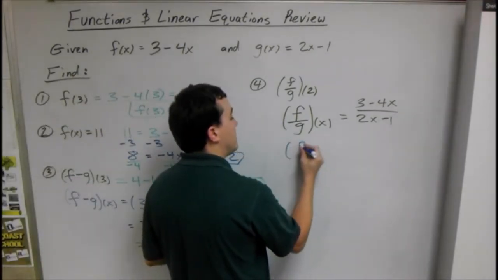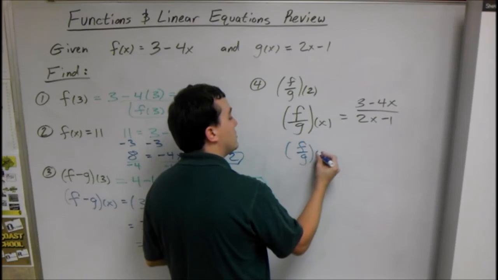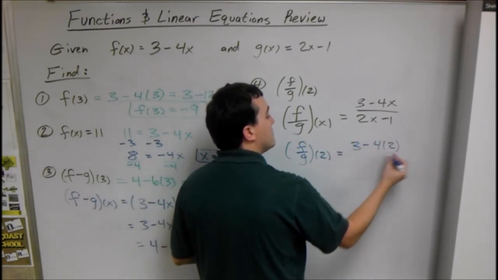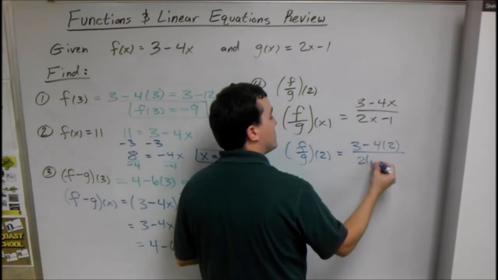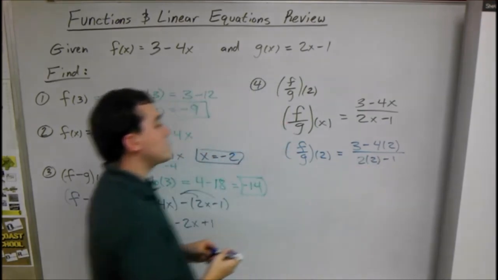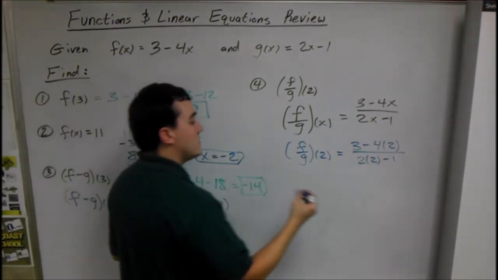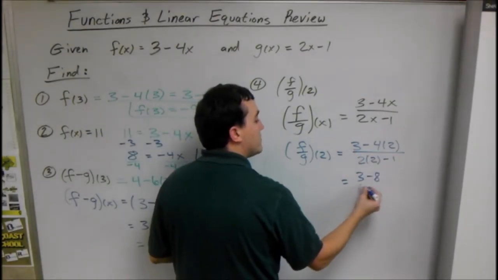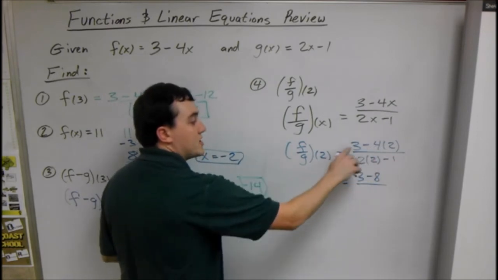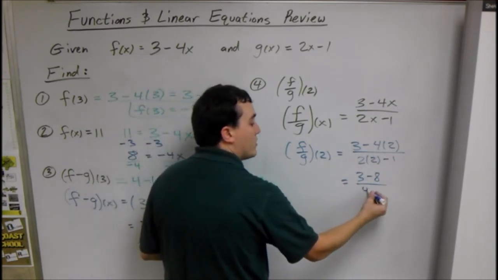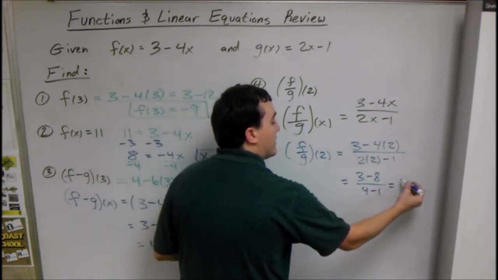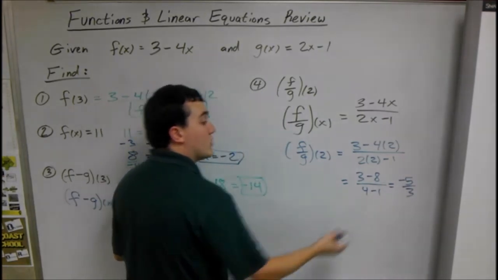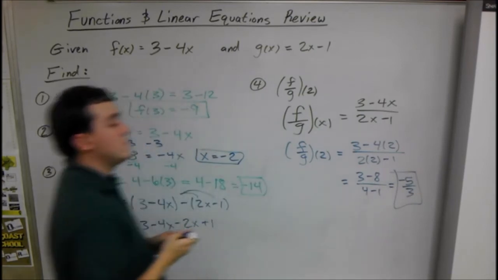So f over g of 2 is 3 minus 4 times 2 over 2 times 2 minus 1. It's 3 minus 8, because we're using order of operations, multiplication before we add, over 4 minus 1, which is negative 5 over 3. And you can't simplify that anymore. So it's just negative 5 over 3.